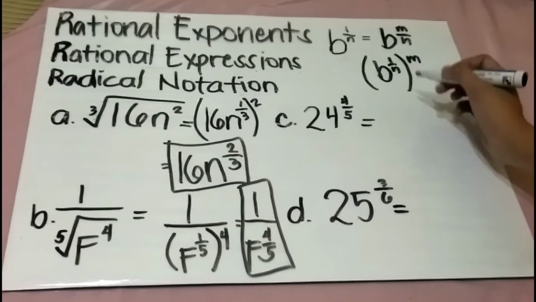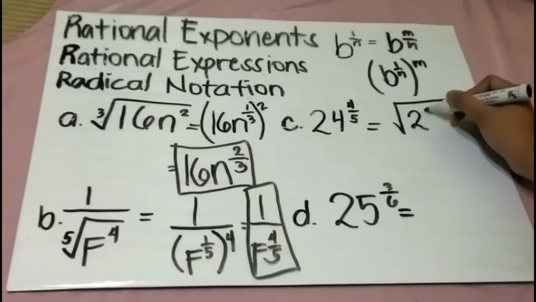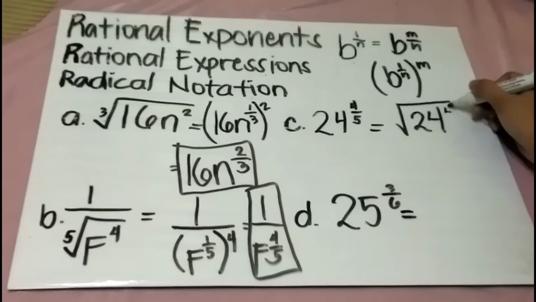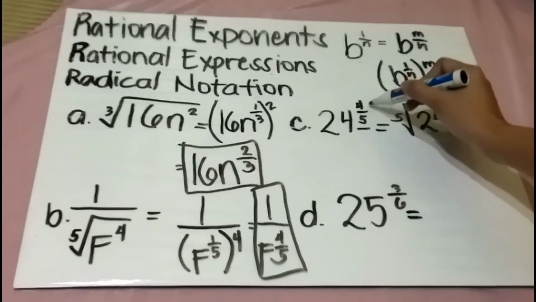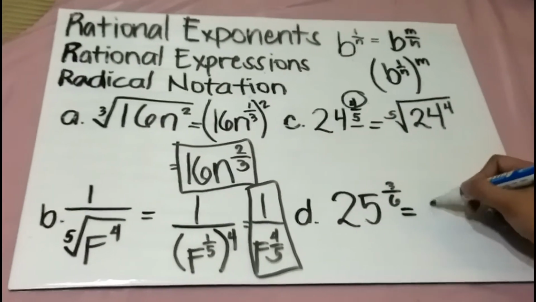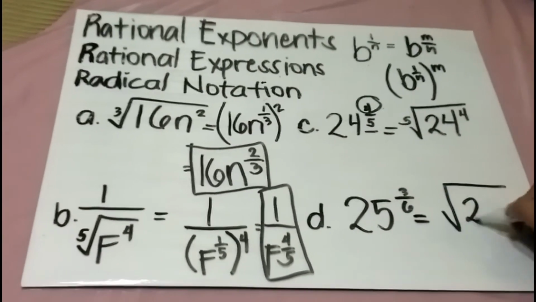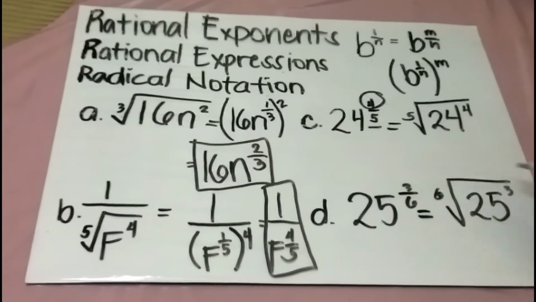The next one would be writing 24, the base, inside the radical sign, then raising it to 4, then putting the index 5. The next one will be putting 25 inside the radical sign, then raising it to 3, then putting the index 6.